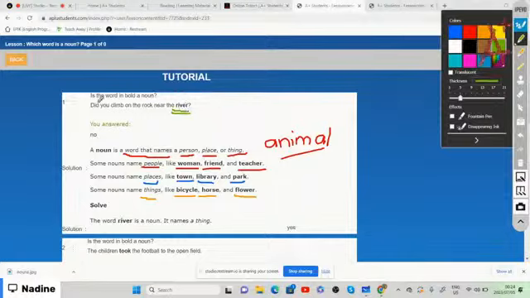You need to say if that is a noun. So river is correct. The word river is a noun and it names a thing. So yes, it is a noun.